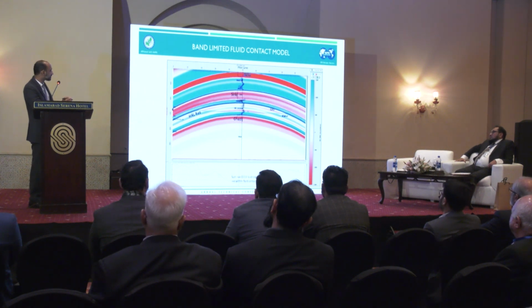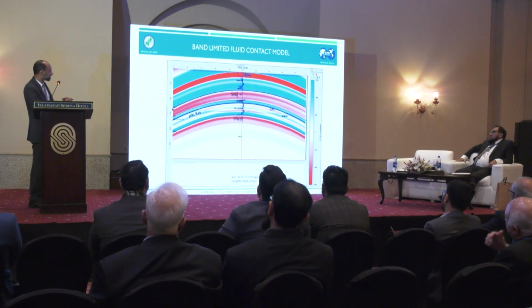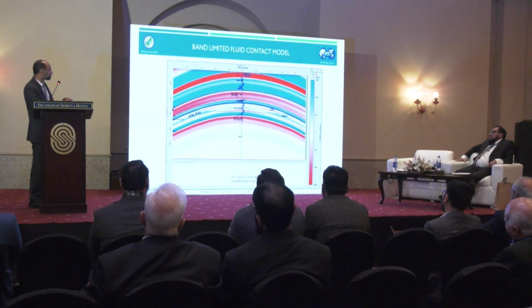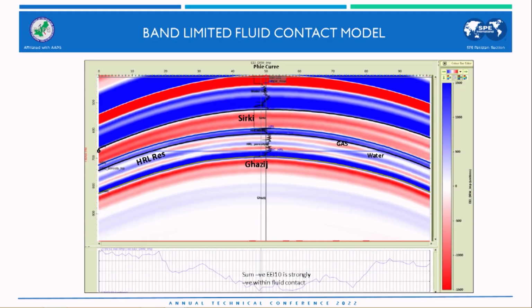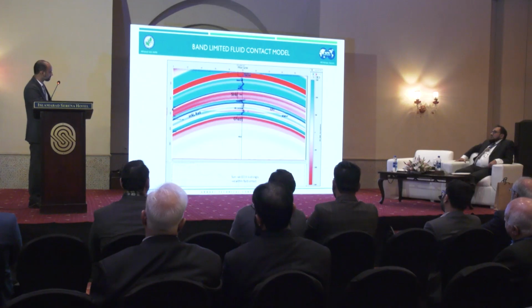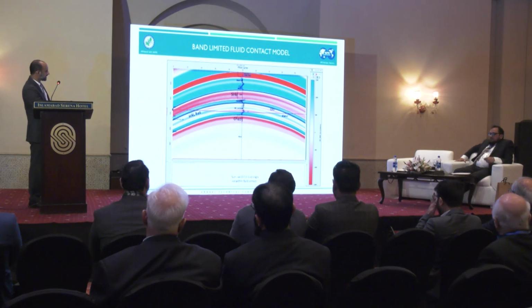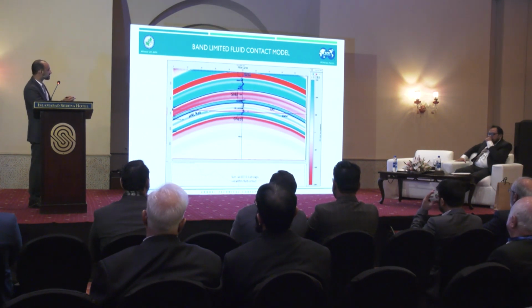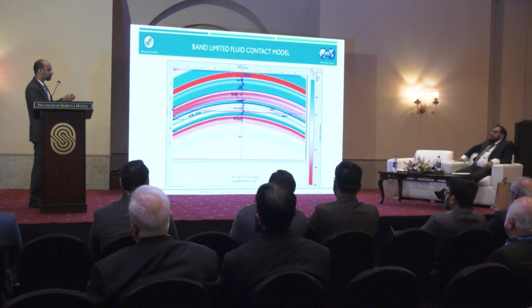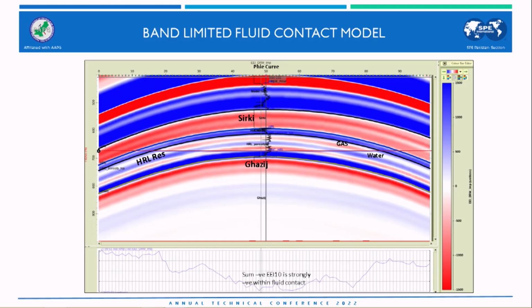Same is the case on the other side as well. As you see this trough, it is quite weaker, and right after the contact, when we enter into the water zone, it is quite prominent. So this information led us to the observation that our reservoir rock in the area may generate some amplitude anomalies even for the limestone cases as well.